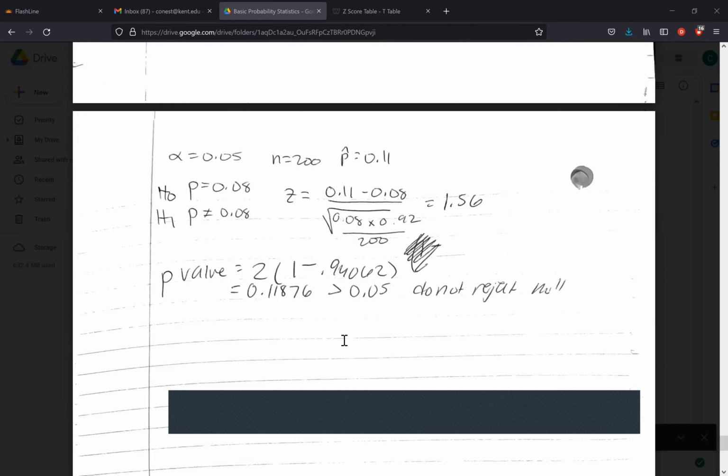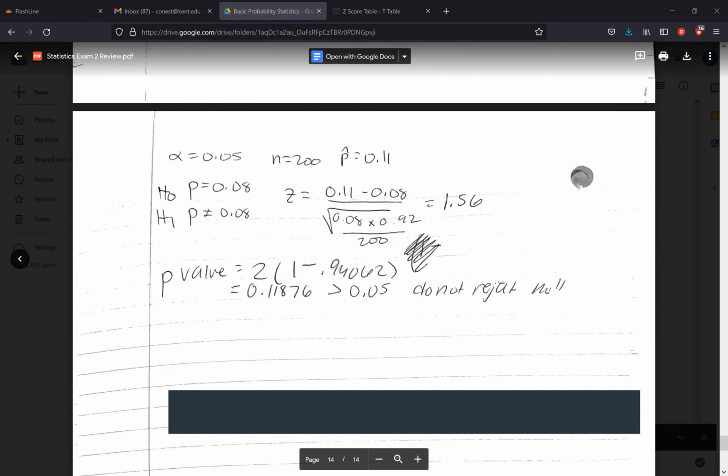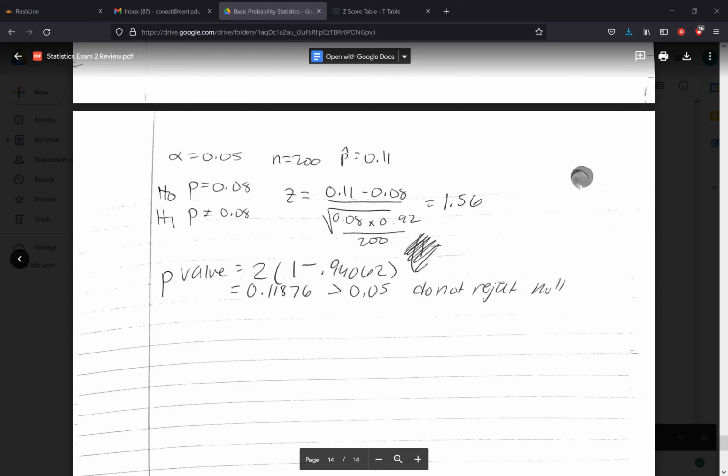So this example is if a question for hypothesis testing is asking about proportions. It's very similar. All of these are essentially similar. The most important thing is that you've got to remember the distributions. Otherwise, you won't get the right formula.